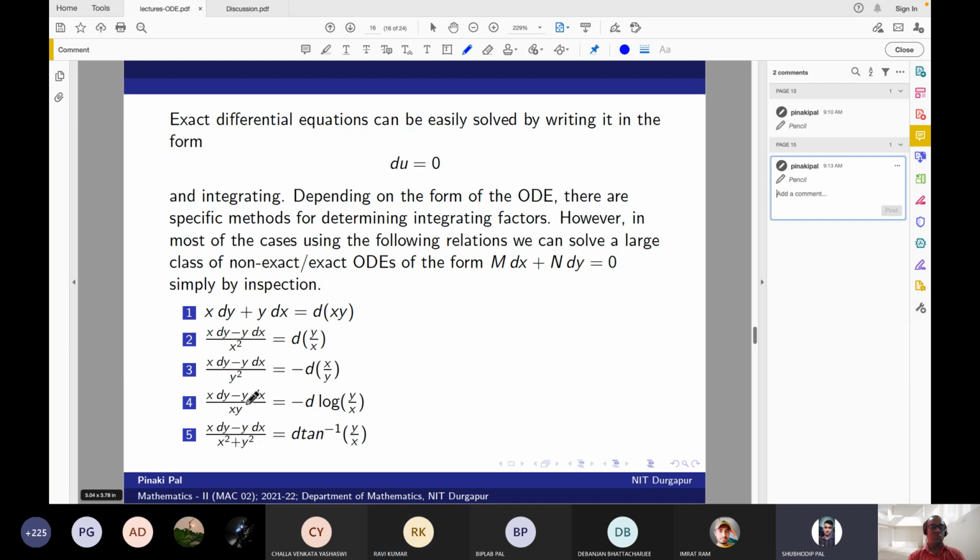Similarly, x dy minus y dx by xy is equal to d of log y by x. These come from the division and multiplication rules of differentiation. And similarly, x dy minus y dx divided by x square plus y square is equal to d of tan inverse y by x. So if we use these differential relations, then often simply by inspection we can convert a differential equation to an exact differential equation.